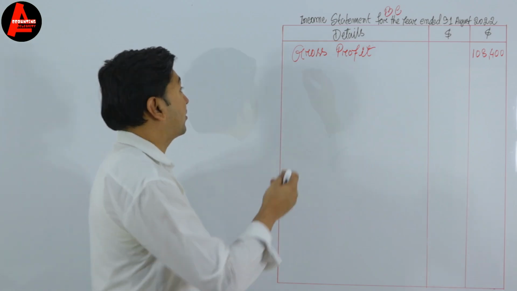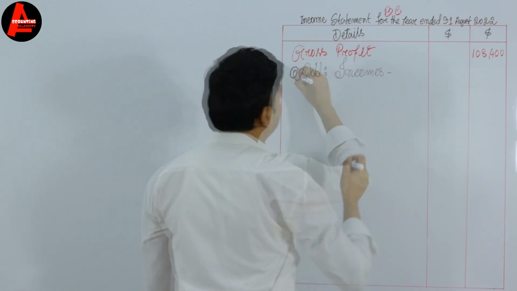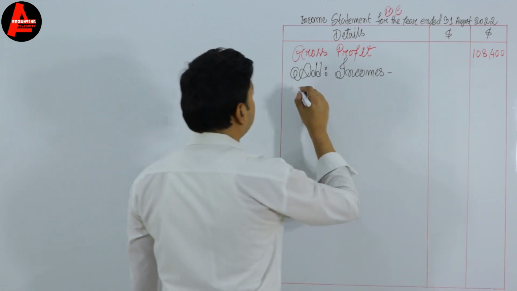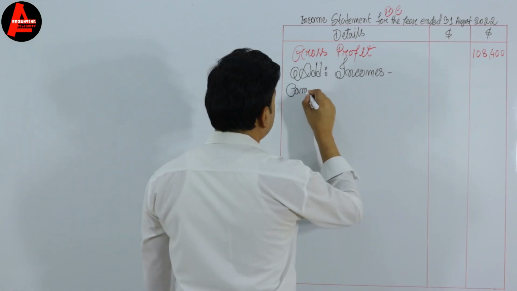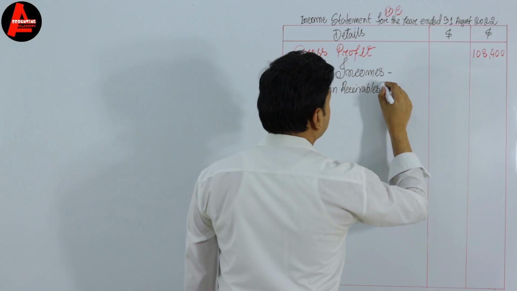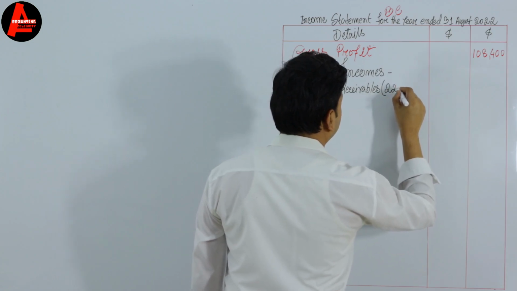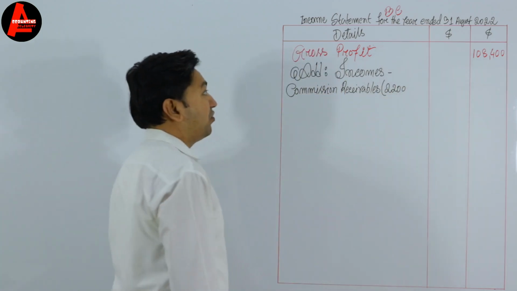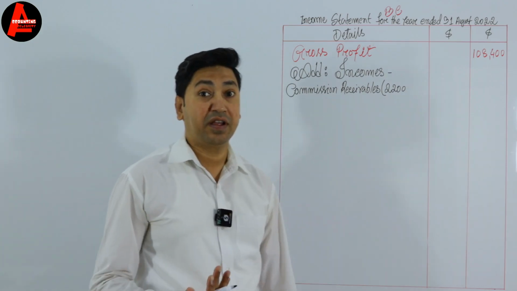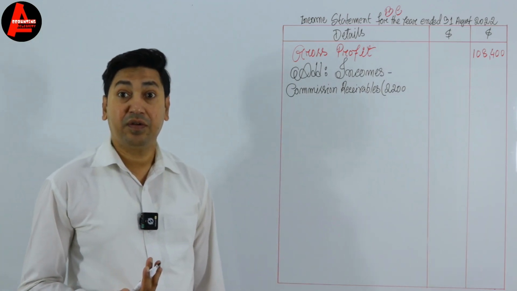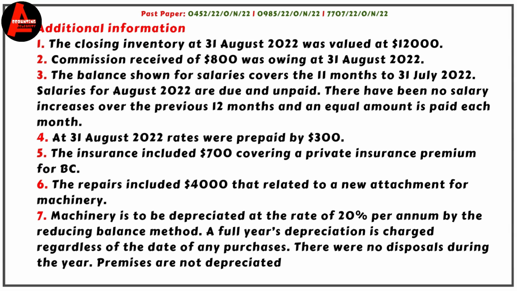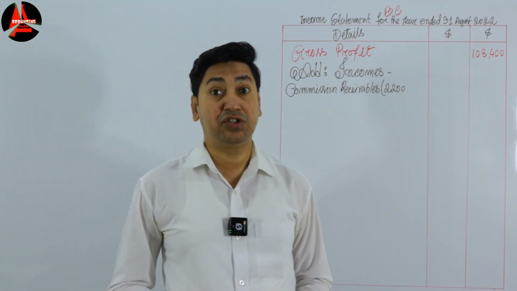So here we will write add incomes. We have commission receivable, $2,200 in the question. Why did we write this amount here? You might be thinking, because we have an adjustment related to commission receivable. In the question, adjustment number 2: commission receipt of $800 was owing at 31st August 2022.